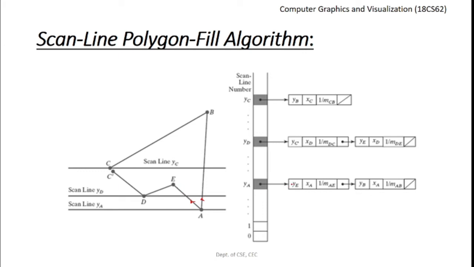For EA, the highest y coordinate value is YE, the x coordinate value of intersection is XA, and the inverse of the slope is 1 by MAE. This is the first entry in the active edge list. The second entry is for this particular edge. The highest y value for this edge is YB, followed by the x coordinate value, which is XA, and the inverse of the slope of this line, which is 1 by MB. There are no other edges intersecting at this vertex, so we end the active edge list here.